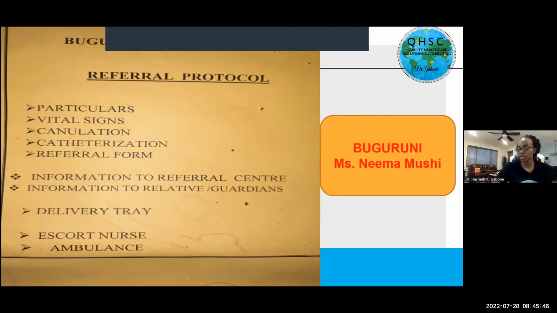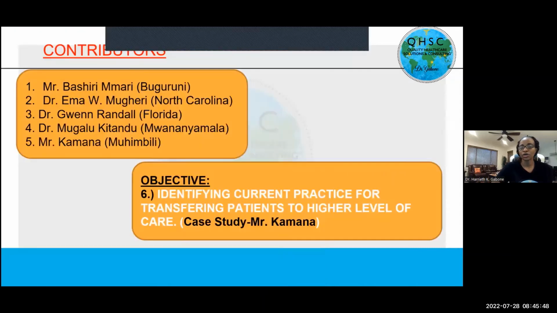The question usually came: how are we going to know what we need to do when the patient is transferred? Probably by then this patient has an IV already in place. And what exactly does Muhimbili do to receive this patient?